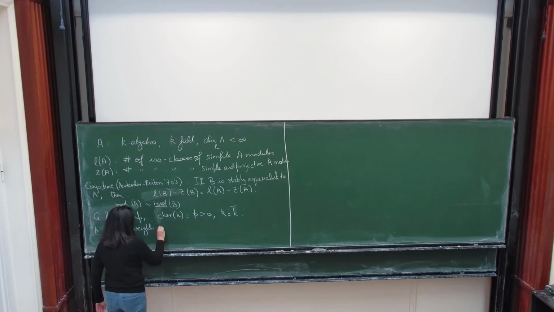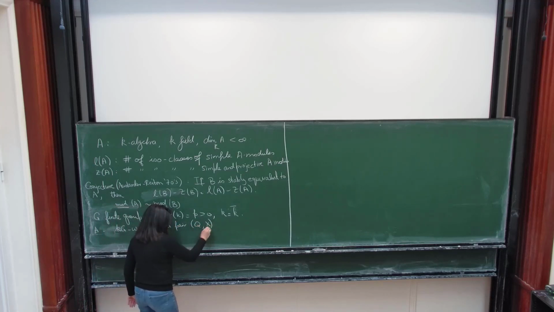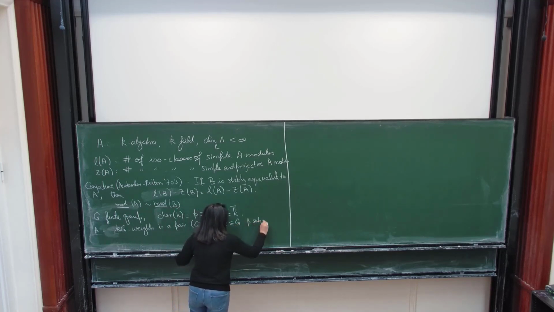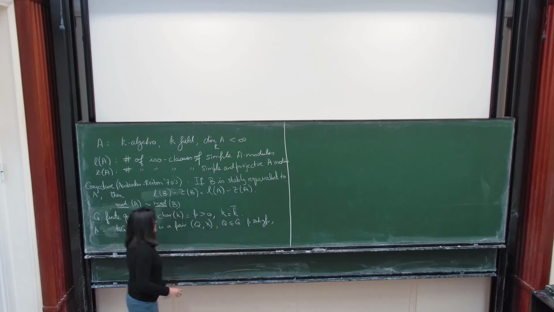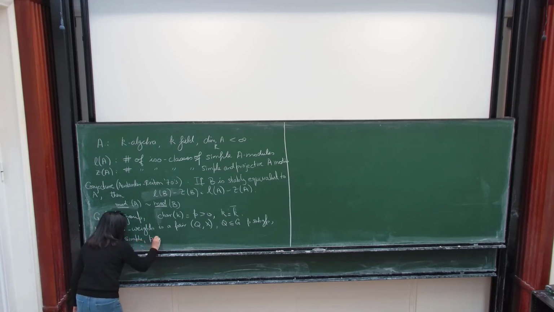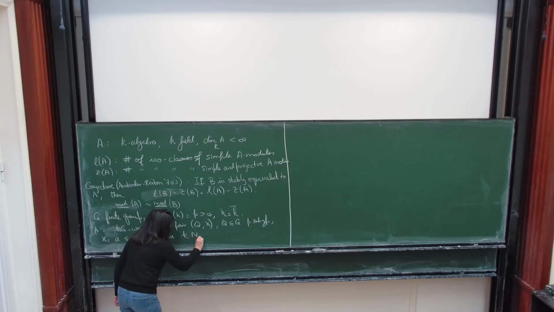A kG-weight is a pair (Q, X) consisting of a p-subgroup Q of G, and X is a simple and projective module for a subquotient of G, so a local subquotient of G.